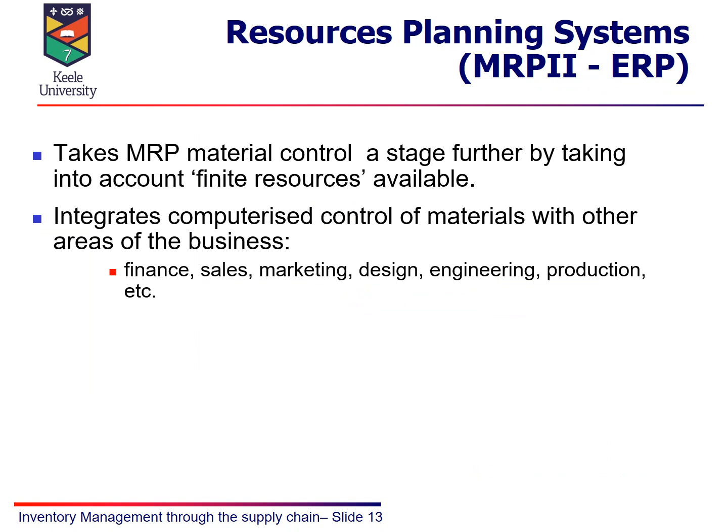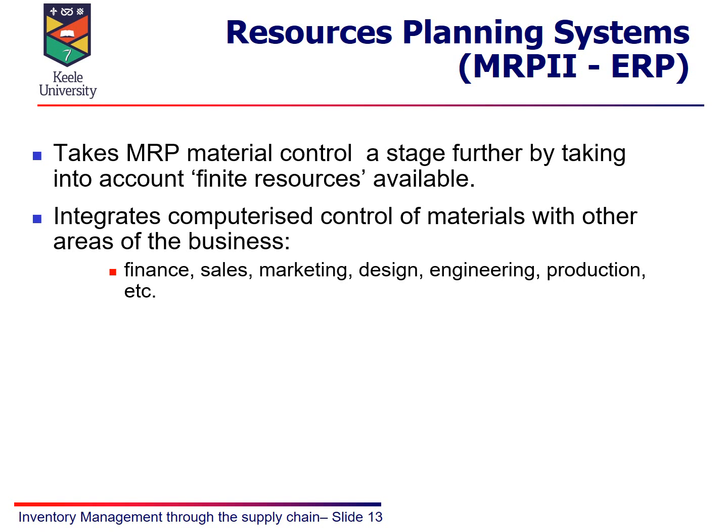Okay, now that's material requirements planning. But you may have heard of resources planning systems. There's an approach known as manufacturing resources planning, MRP2. You notice it doesn't say materials requirements planning, it's manufacturing resources planning. And then the acronym that's widely used now is enterprise resources planning.